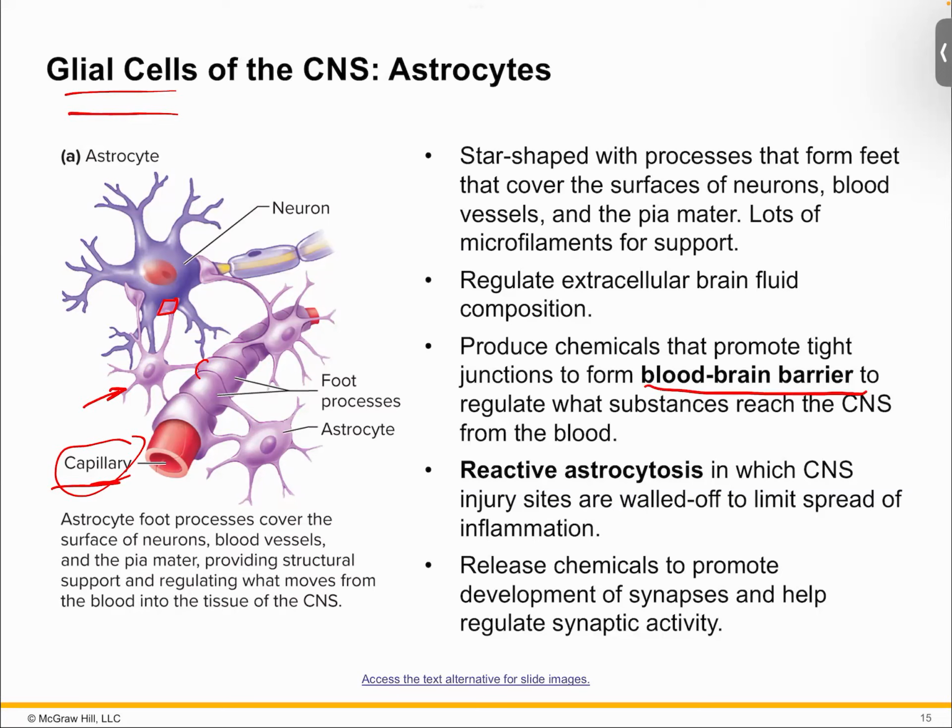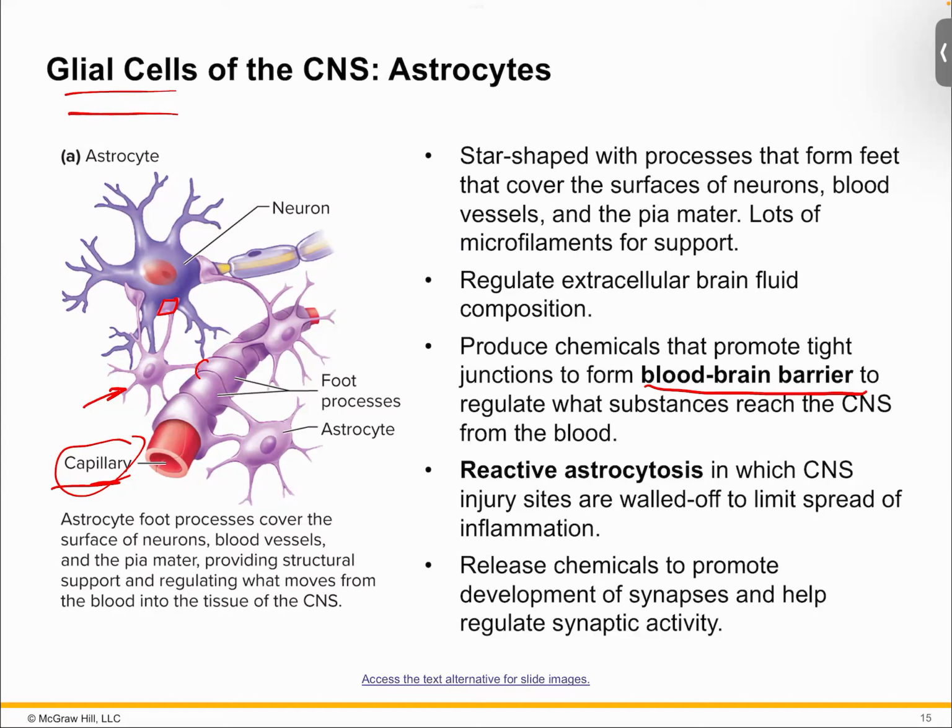So pretty much everything that the neuron receives in terms of its nutrients and the things that it needs, oxygen, things of this nature, it's all coming through the astrocytes.